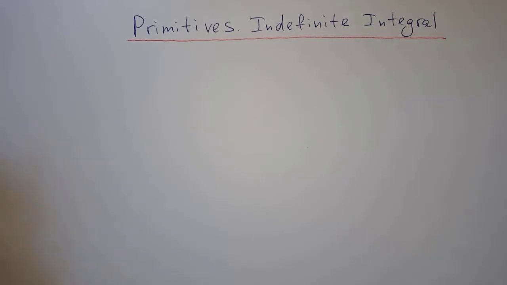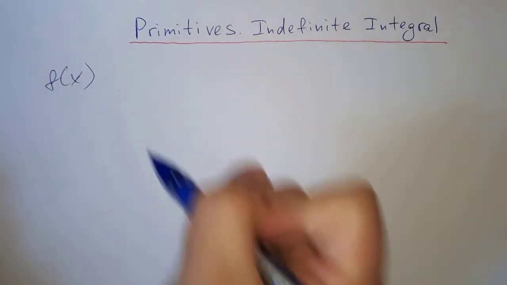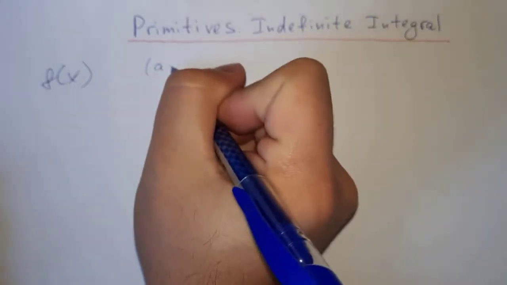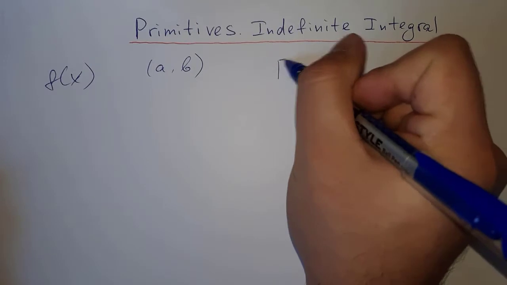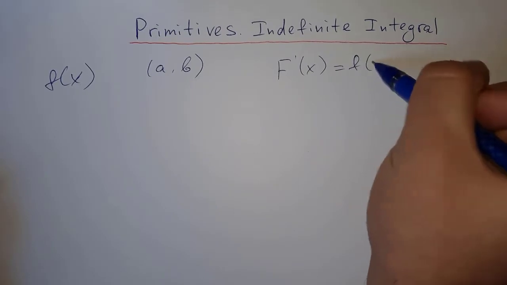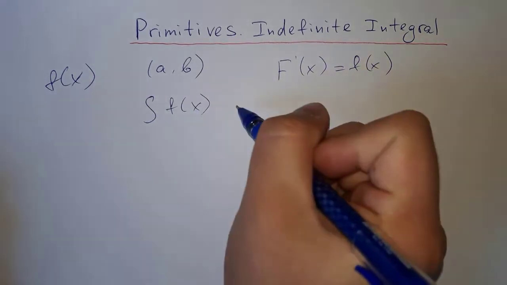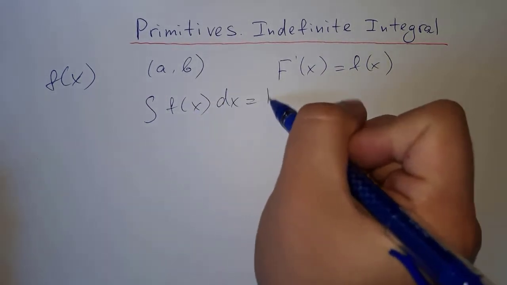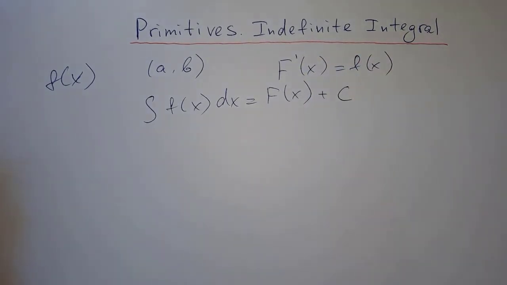If the function f of x is defined and continuous on the interval (a, b), then if capital F, the derivative of capital F of x, is equal to f of x, then the integral of f of x dx is equal to capital F of x plus any constant c.